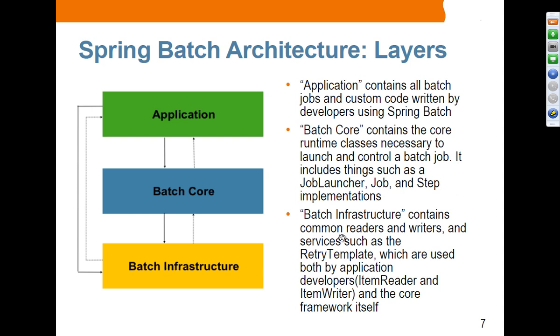Batch infrastructure contains common readers and writers and services such as a retry template and things like that. As we are going to see later on, there are common reader and writer implementations that could be leveraged by many batch applications. You can think of them as utility classes, and those are provided in batch infrastructure.